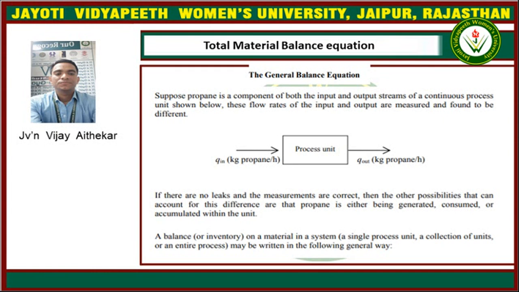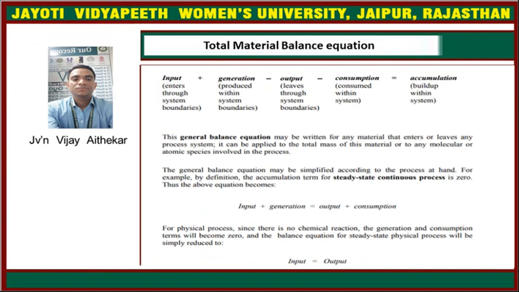The balance on the material in the system may be written in the following general way: input plus generation equals output plus consumption plus accumulation.